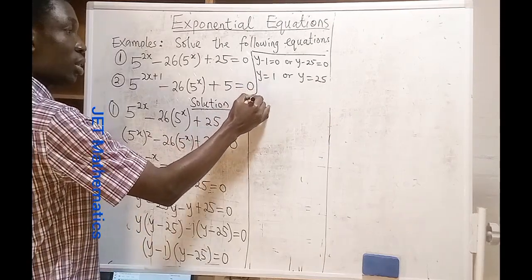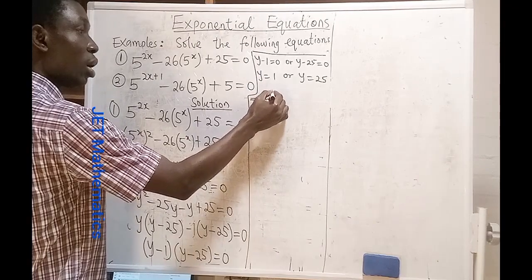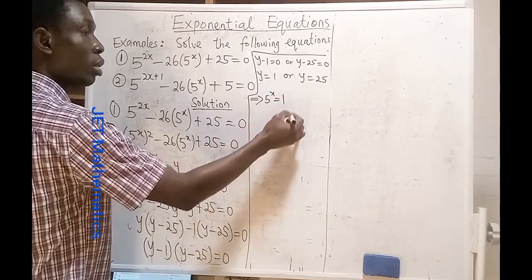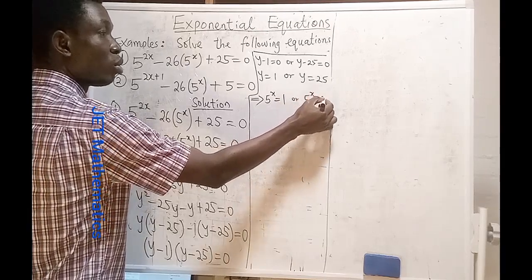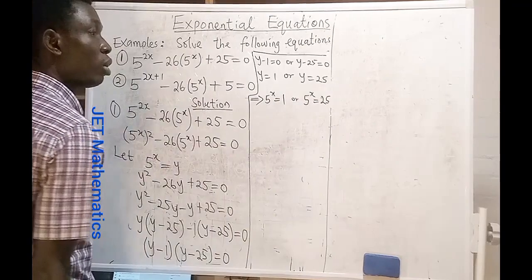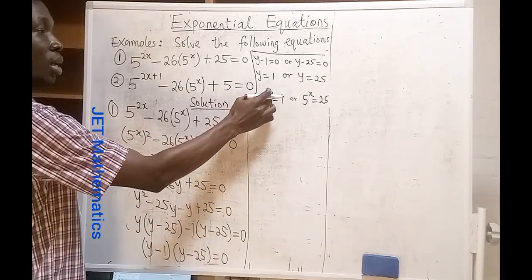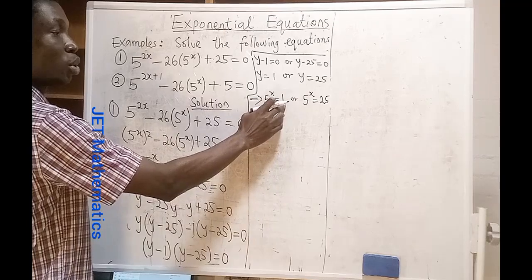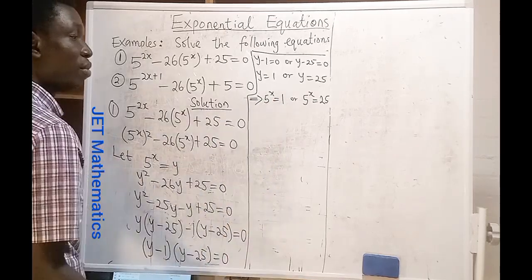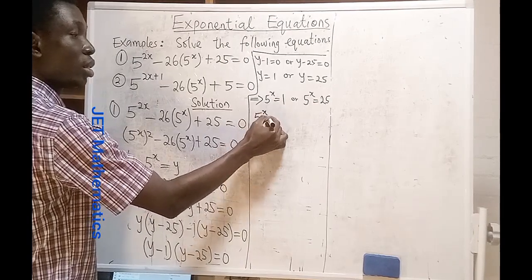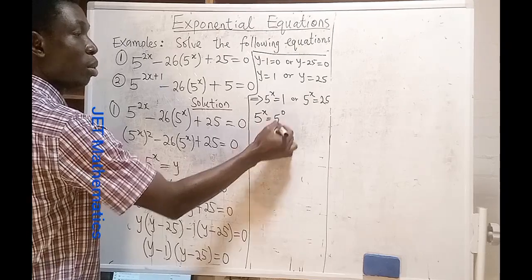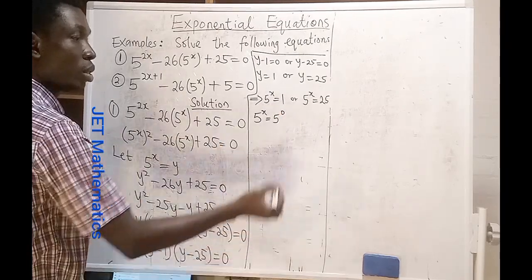This implies that 5 raised to the power x is either equal to 1, or 5 raised to the power x is equal to 25. Okay, now for us to get x, we can express 1 in base 5, which is 5 raised to the power x equals 5 raised to the power 0. 5 raised to the power 0 is still 1.